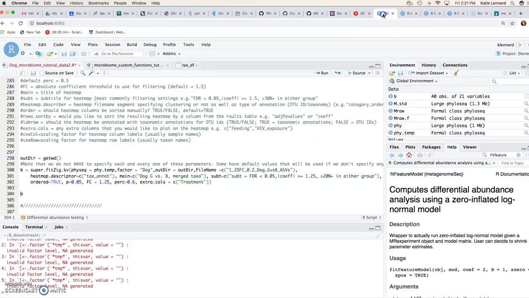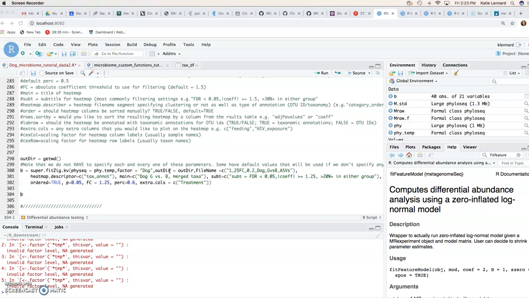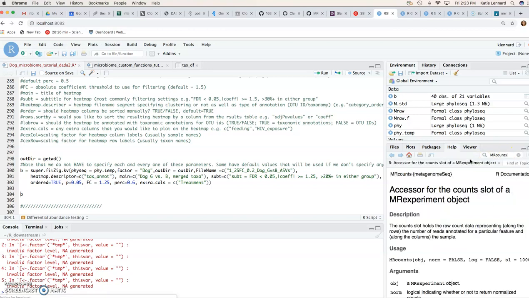And then one last thing is that when we did our normalization, we used what we call standardized counts, which were calculated based on relative abundance, and then we multiplied those relative abundances by the median sampling depth. We used that for our beta diversity analysis and our bar plots. But one alternative would be to use the MRcounts function from metagenomeSeq, which is what they use for the normalization.